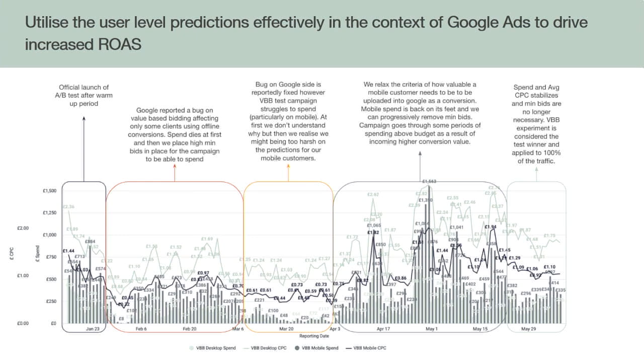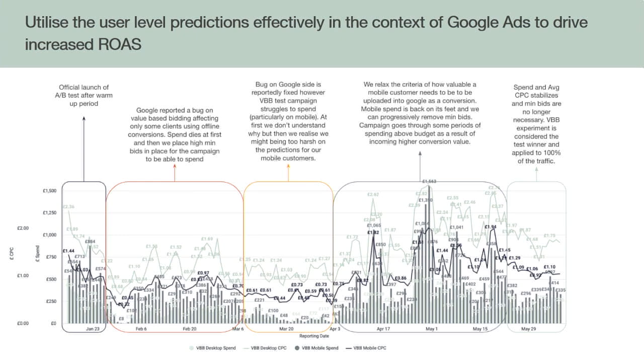If you're trying to implement value-based bidding, you just don't send Google data or predicted value from your customers and then it will work. First thing you need to do is a warm-up period, which is excluded from this graph. You just need to let Google collect some data, some conversion value, before you even launch your campaign using value-based bidding. We then, on the 16th of January, earlier this year, launched an A/B test.